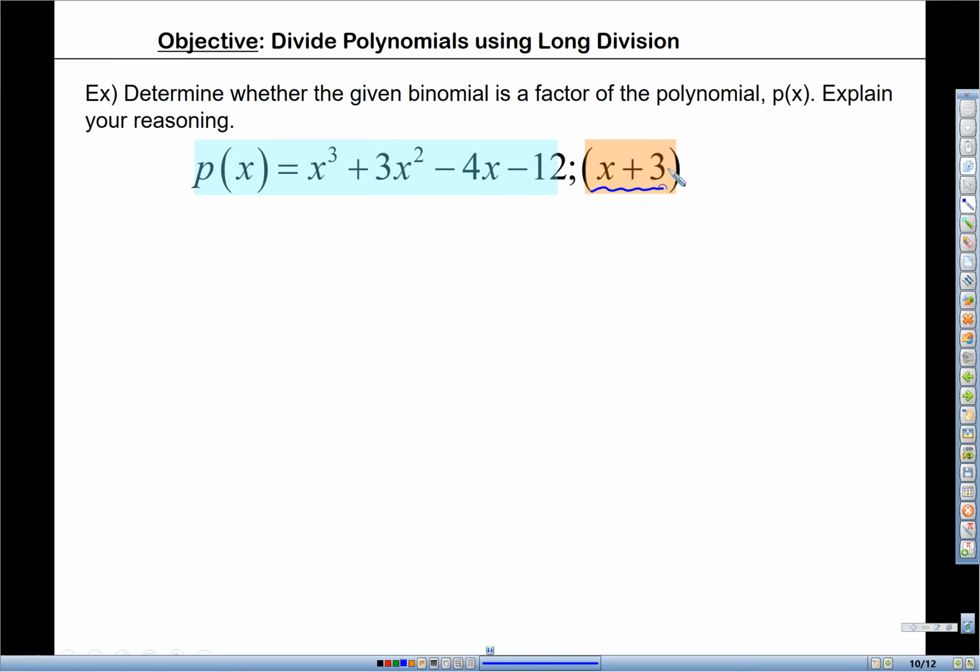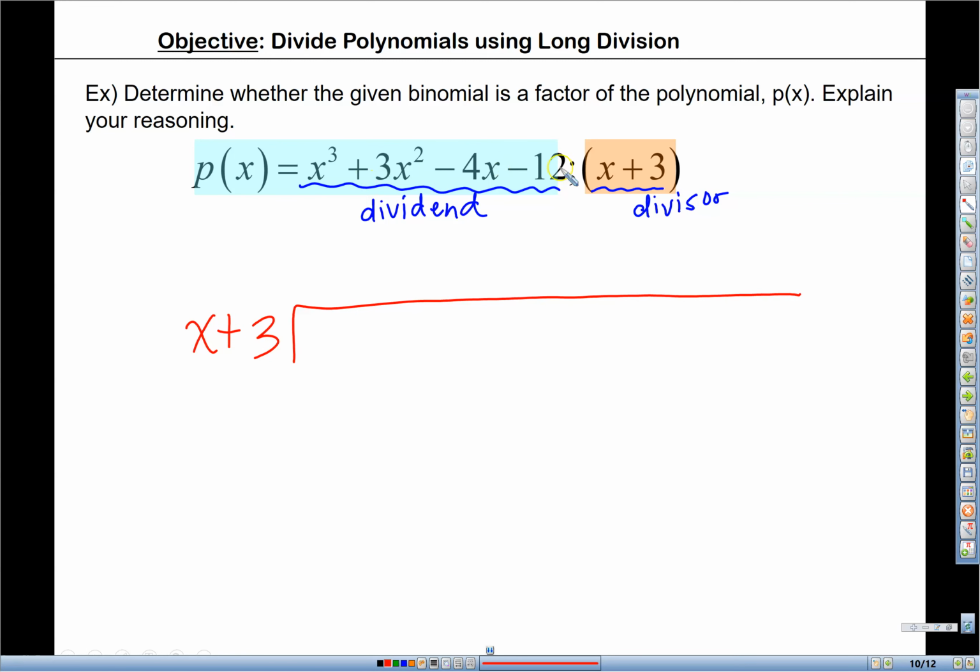To figure that out, we have to understand that the binomial we're trying to figure out whether it's a factor or not would be our divisor, what we're going to divide by. And our polynomial function expression will be our dividend, what we divide into. That will always be the case. So I have x plus 3, and I'm going to divide it into this dividend.